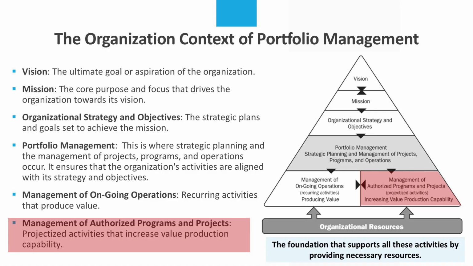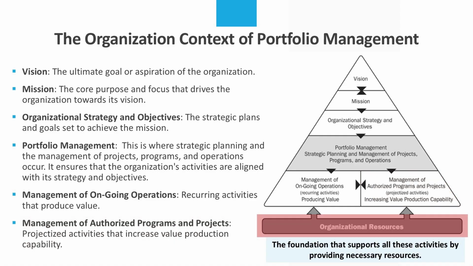For example, a project might involve building a new solar plant, while a program could represent a regional expansion made up of multiple related projects, including construction, grid integration, and regulatory approvals. All of this work competes for the same organizational resources, people, budget, and technology. Portfolio management ensures these resources are allocated to the work that delivers the greatest value.